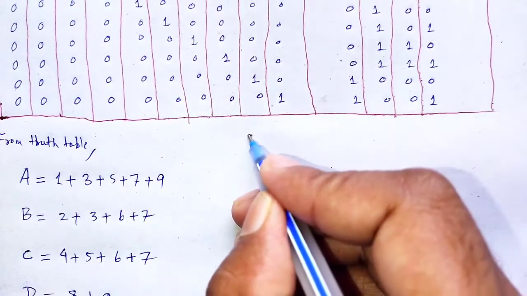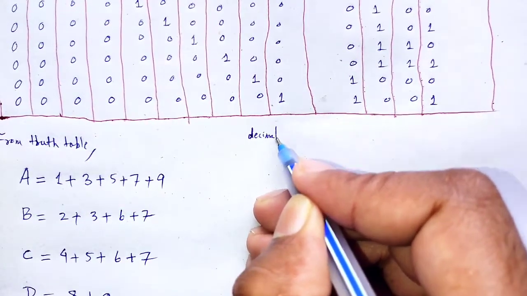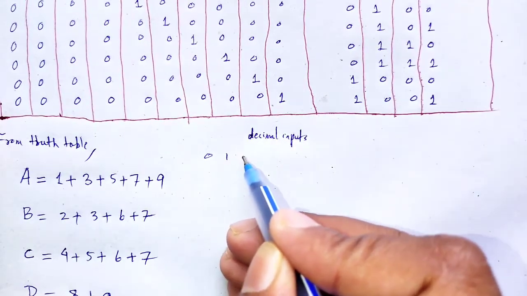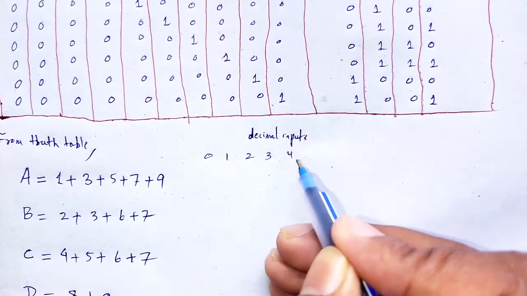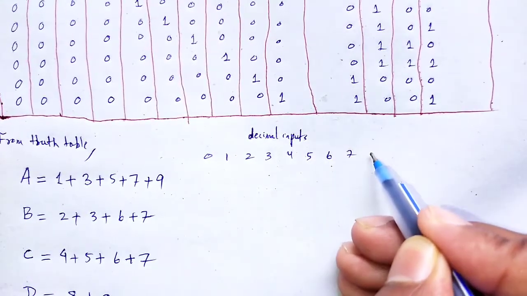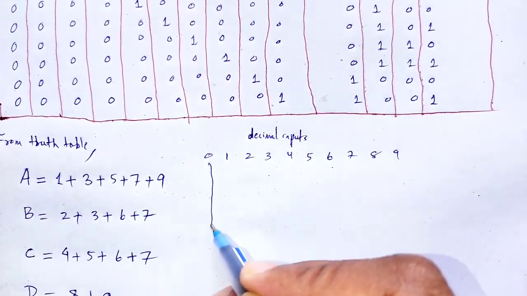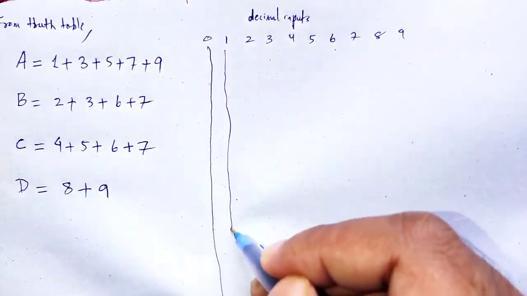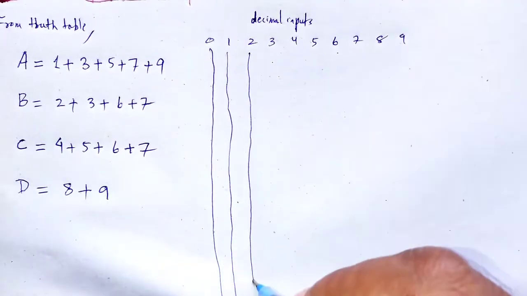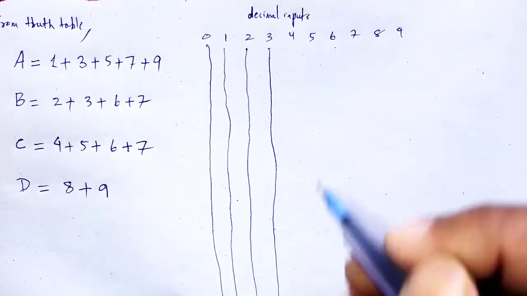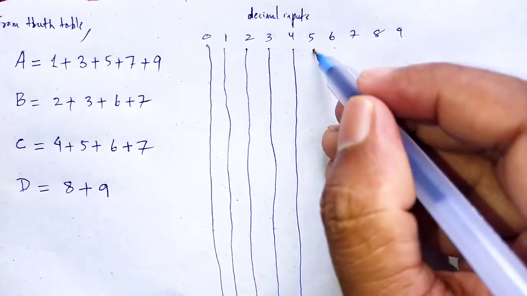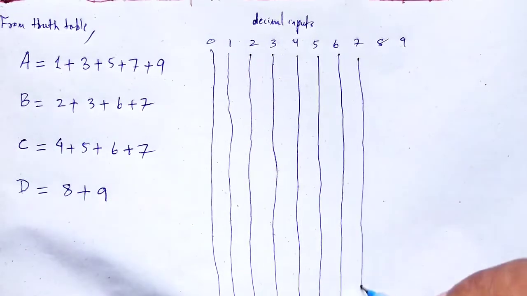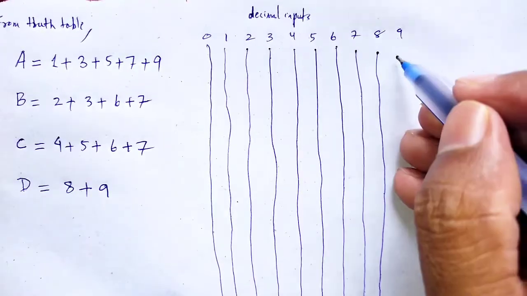Decimal inputs: 0, 1, 2, 3, 4, 5, 6, 7, 8, 9.